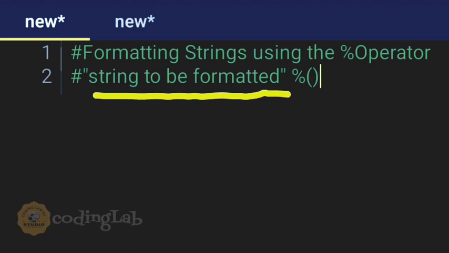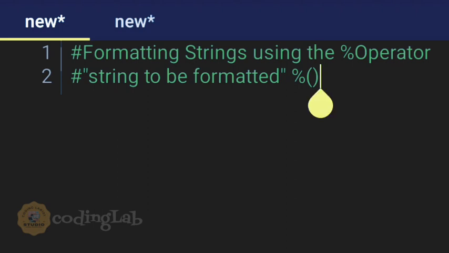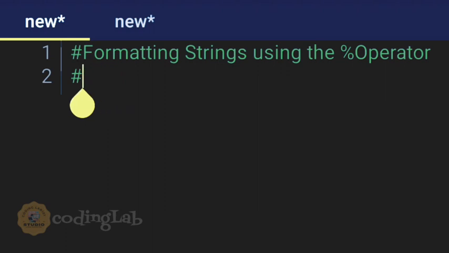It entails values or variables to be inserted into the string, and this bracket with values inside it is known as a tuple, separated with commas. We are going to discuss tuples later in some video, but not here. Let's clean this. Hope you understand the syntax.